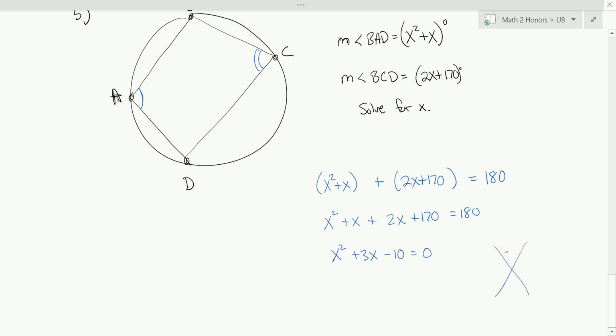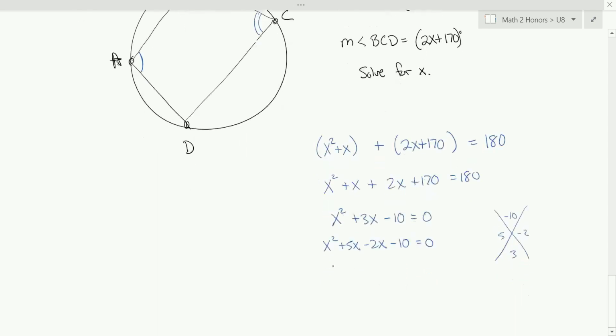So when we factor it, we're looking for two numbers that multiply to negative 10 and add to 3. What are they? 5 and negative 2. So we get x squared plus 5x minus 2x minus 10 is equal to 0. Keep factoring by grouping.